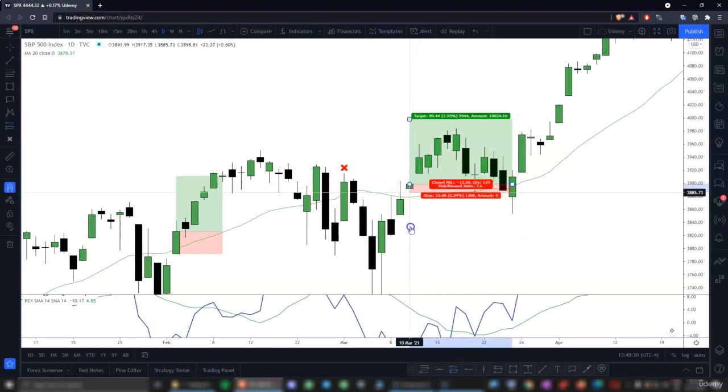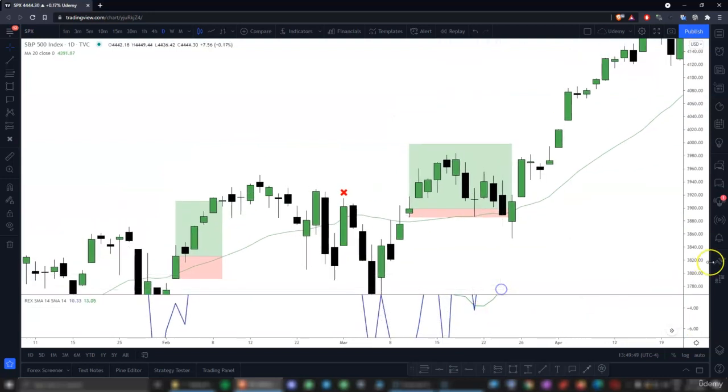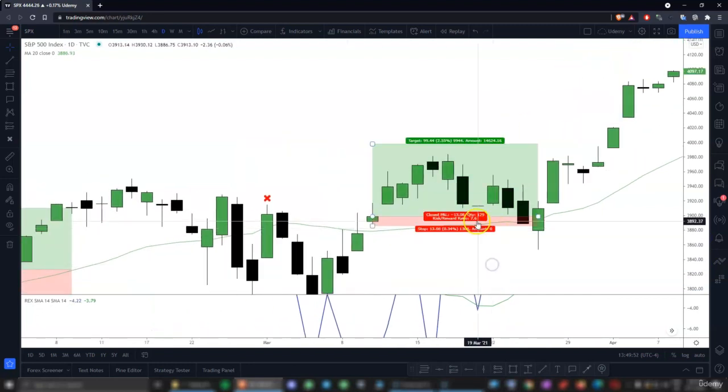Get a buy signal. And in this day here, the Rex closes below, so you might be stopped out.